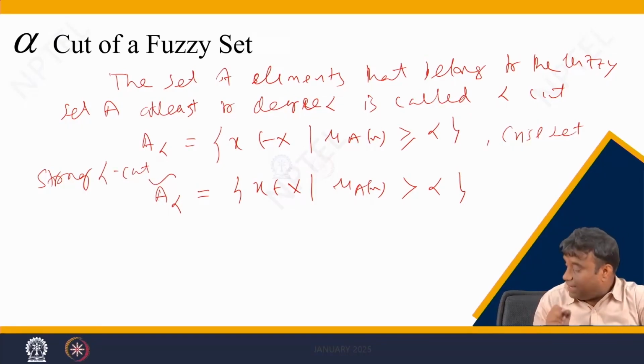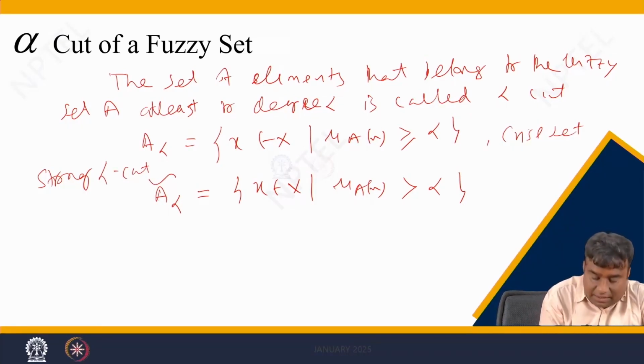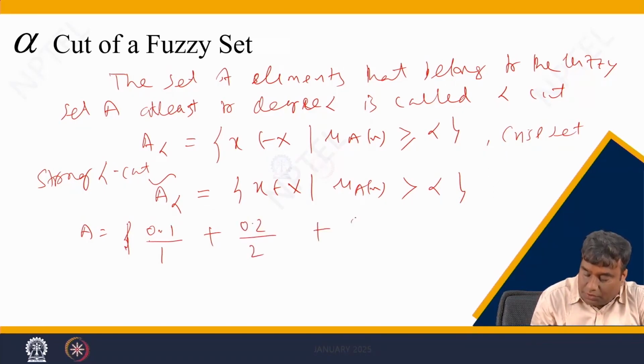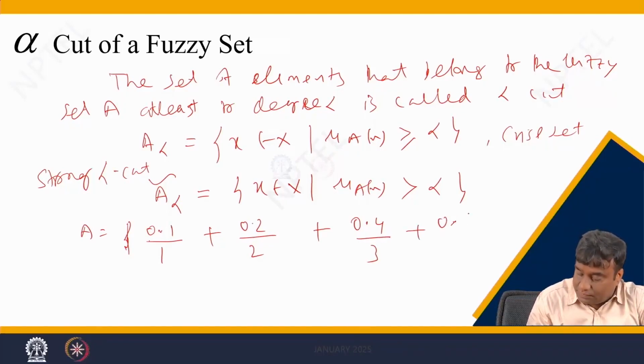So giving an example, suppose we write a fuzzy set A equal to 0.1 by 1, 0.2 by 2, 0.4 by 3, 0.6 by 5.